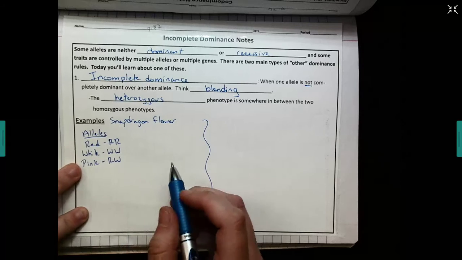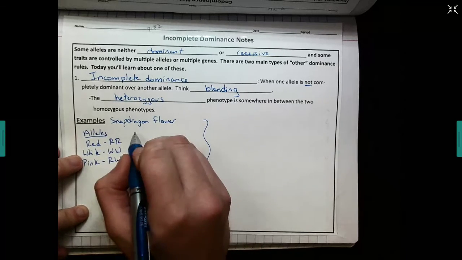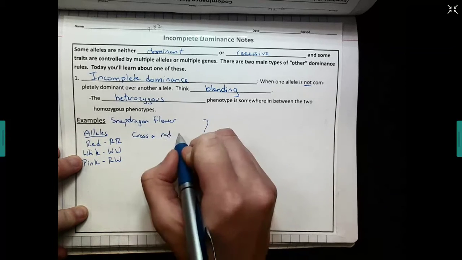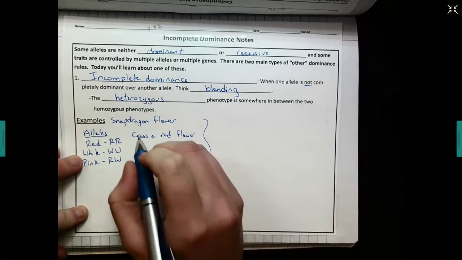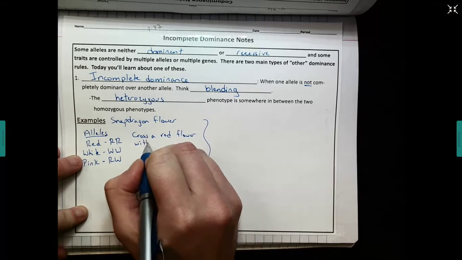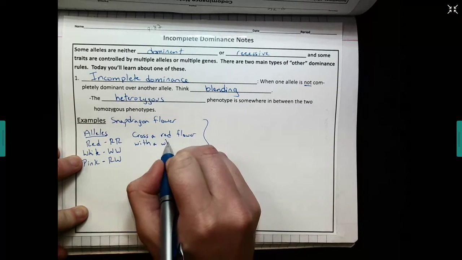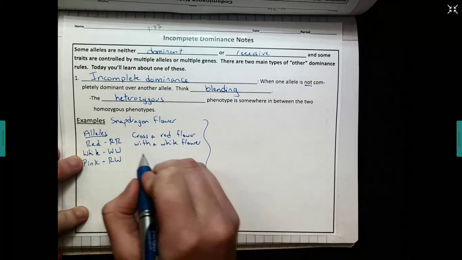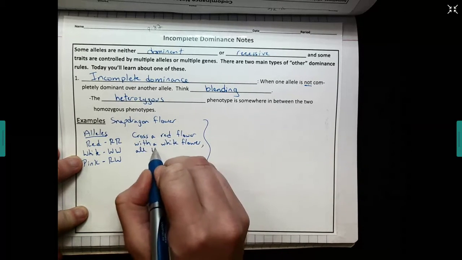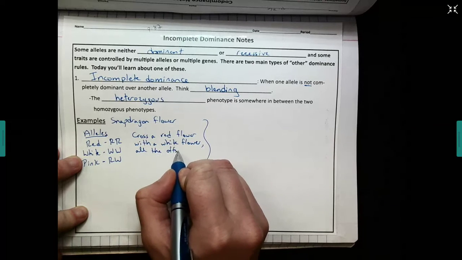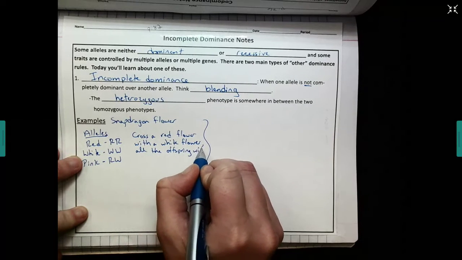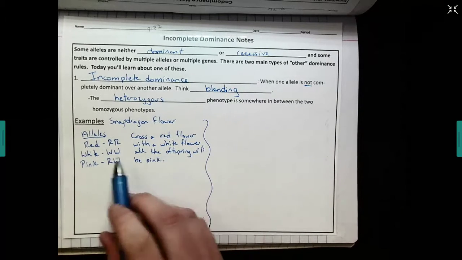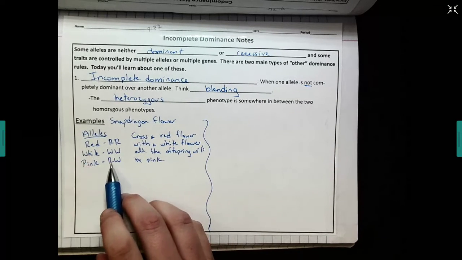So if we were to cross a red flower with a white flower, all the offspring will be pink, right? Because red crossed with white gives me that heterozygous form for pink.